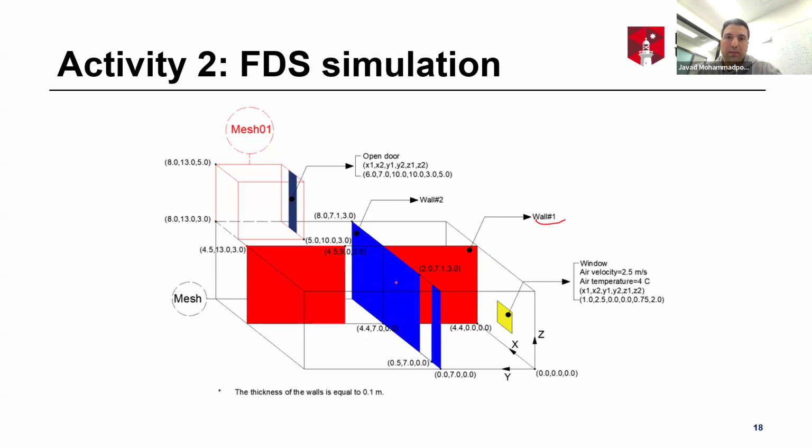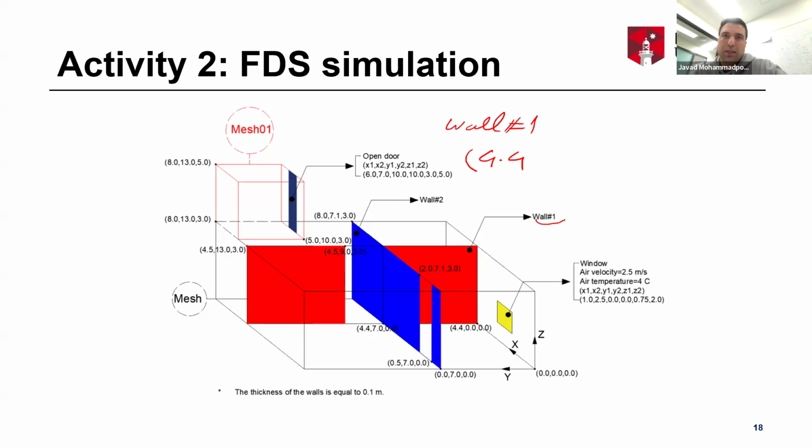So for wall 1, what is the minimum x? It is, for example, 4.4. Okay? We have a question. Yeah, all of them are in meters.